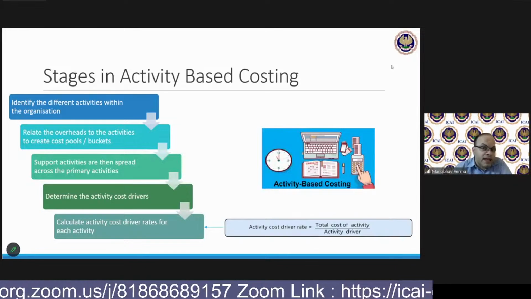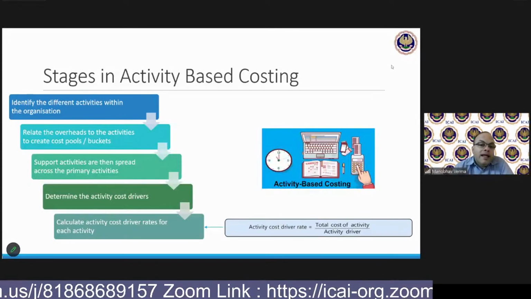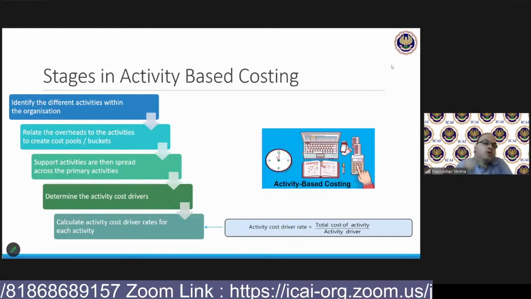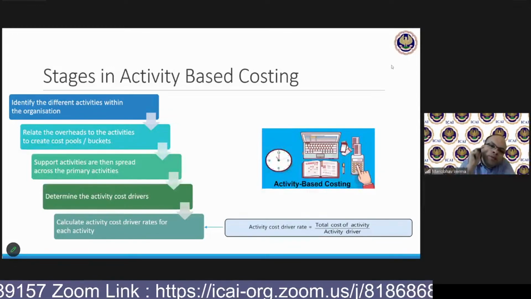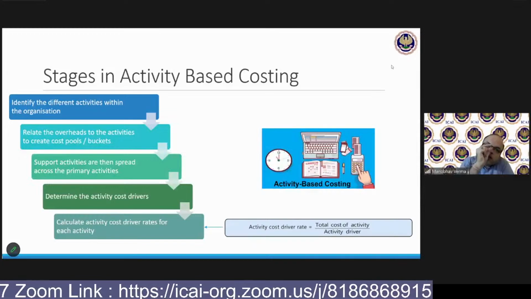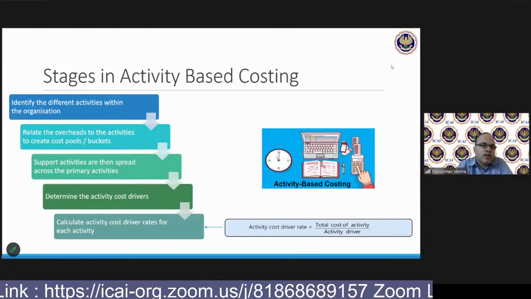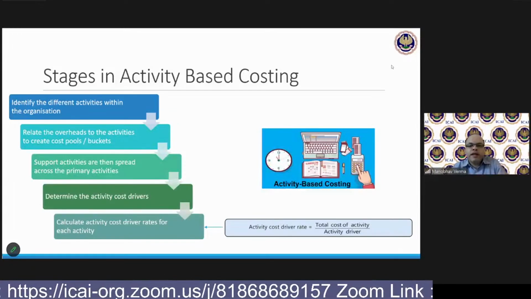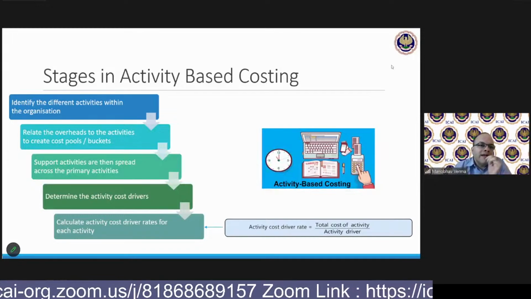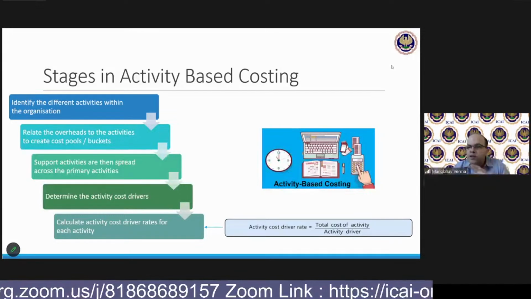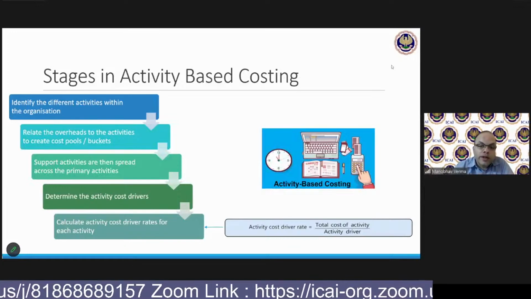So that has to be the first step, because ultimately we have to identify the activities here, and then we have to relate the overheads to those activities. So basically, here is the important, thin line of difference from the traditional costing system: you are bifurcating, okay, these are my overhead costs, and these overhead costs are directly associated with certain activities, so that we can allocate more cost to those activities which incur more.